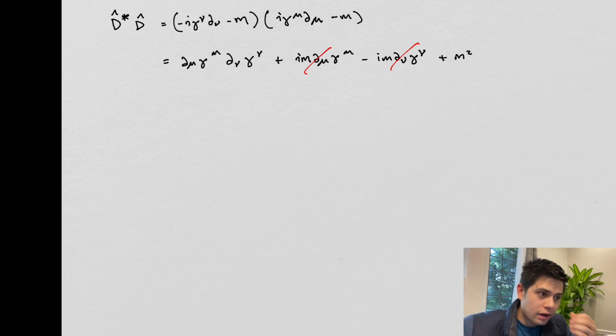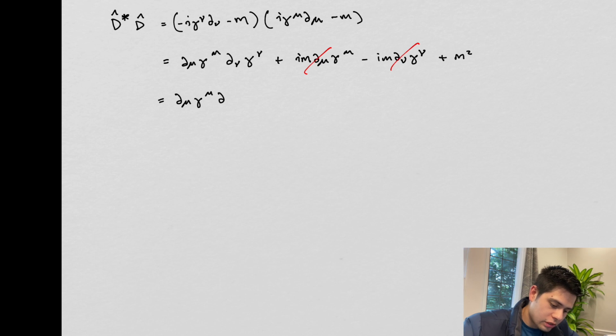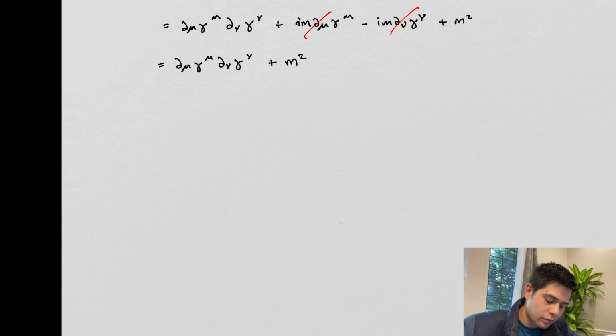Okay, so now we can rewrite this as d_mu gamma^mu d_nu gamma^nu plus m squared. Now let's see what this looks like.